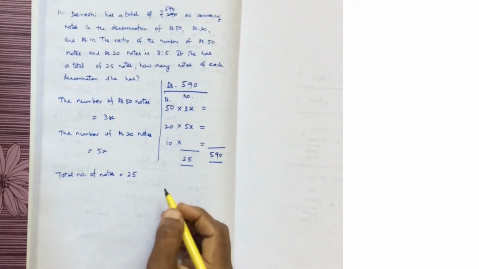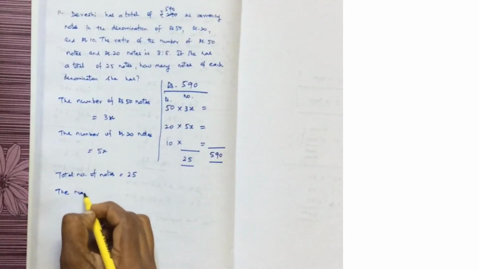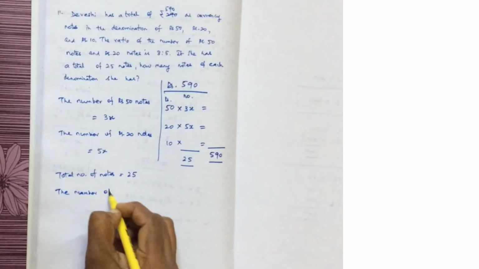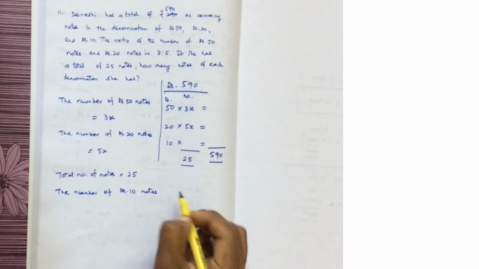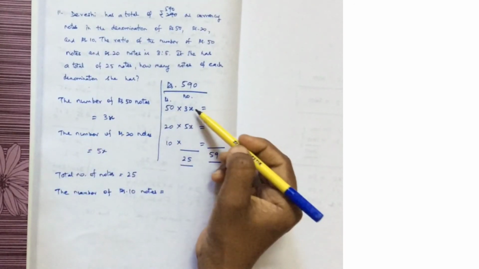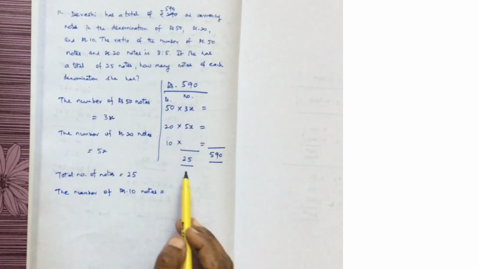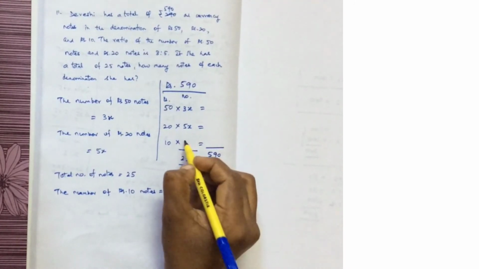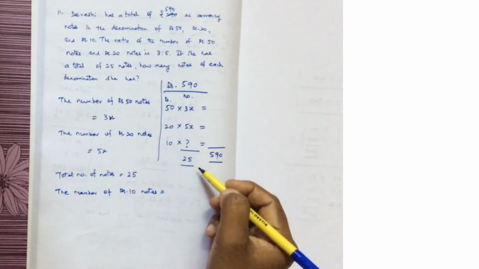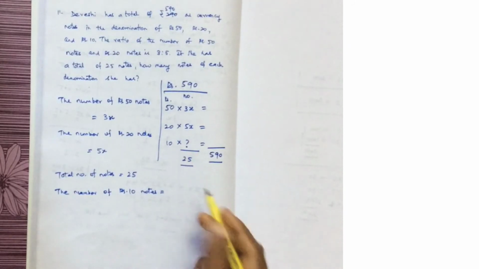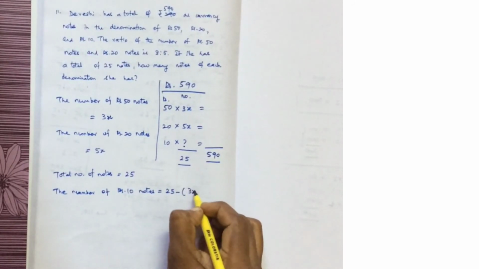Okay. Now what you should find is the number of 10 rupee notes. I know the number of 50 rupee notes is 3x, the number of 20 rupee notes is 5x, and the total number is 25. What is here then? If you add the three, you should get 25. So that is 25 minus of 3x plus 5x.